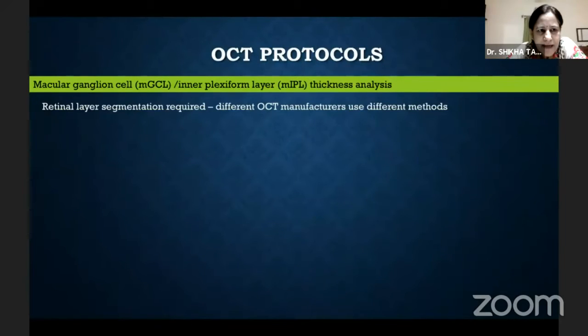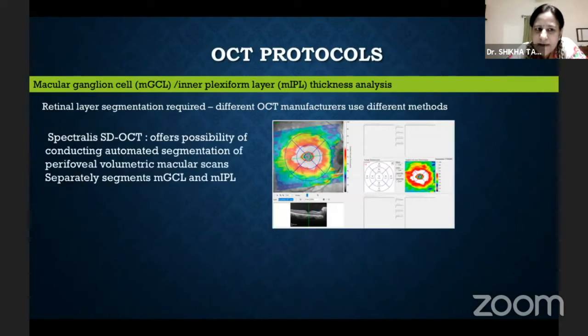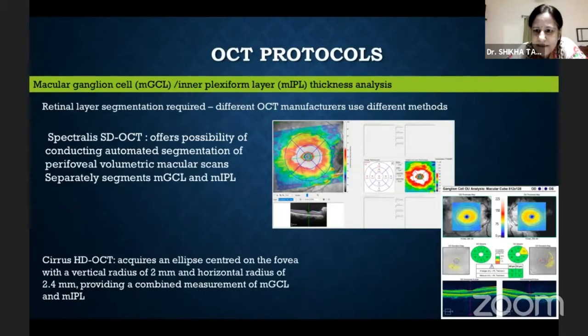For macular ganglion cell inner plexiform layer thickness analysis, we require retinal layer segmentation, and different machines use different methods. This is how the scan appears on Spectralis, and this is how it appears on the Cirrus machine. In Spectralis, we get the GCL and IPL thickness separately, whereas in Cirrus, we get it together as a single value.